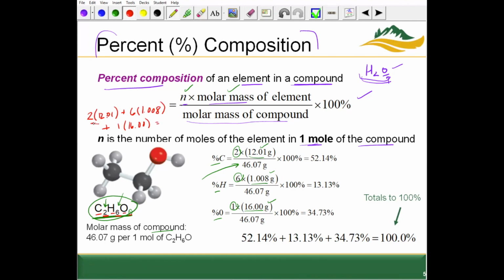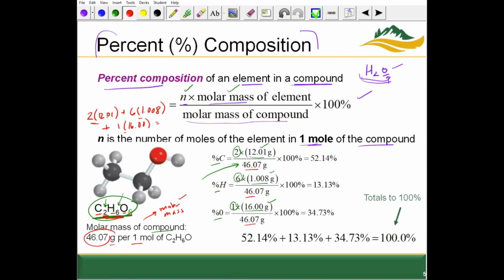Okay, so when we multiply these and then add up the products, we'll get this molar mass of the compound of 46.07 AMU, or 46.07 grams per 1 mole. We know this is our molar mass. Another appropriate term for this would be the molecular mass, since this is a molecule. So that's where we get 46.07 here in the denominator.